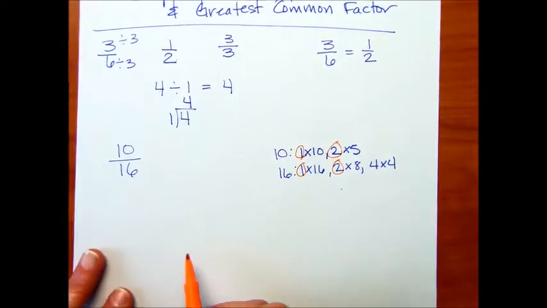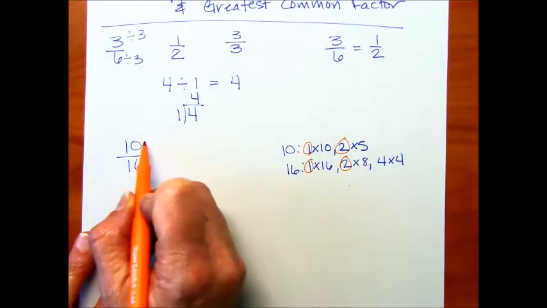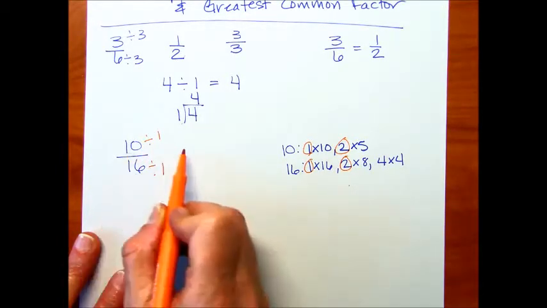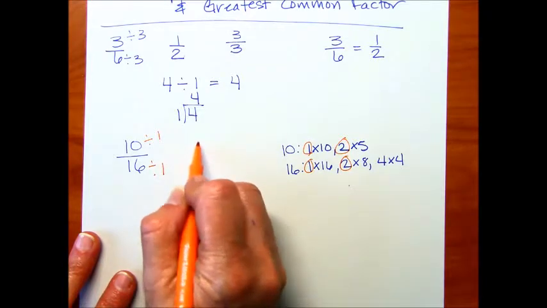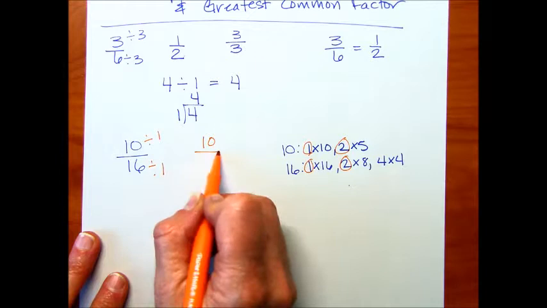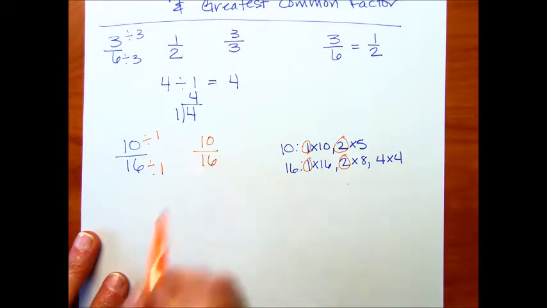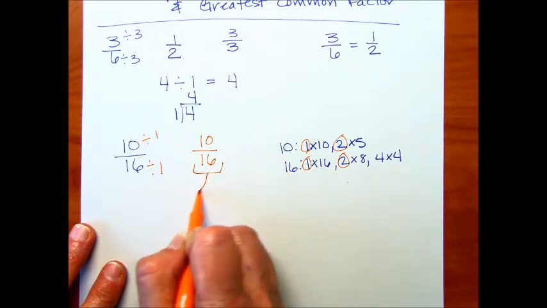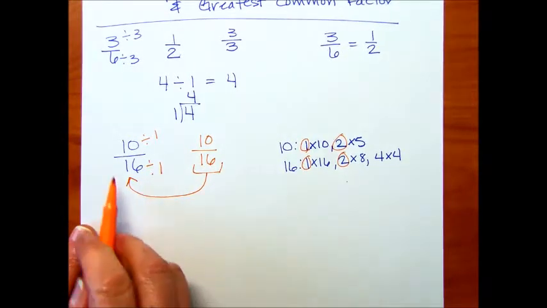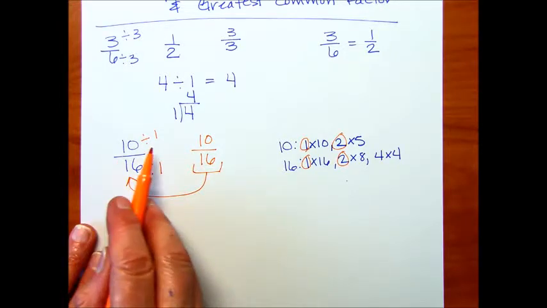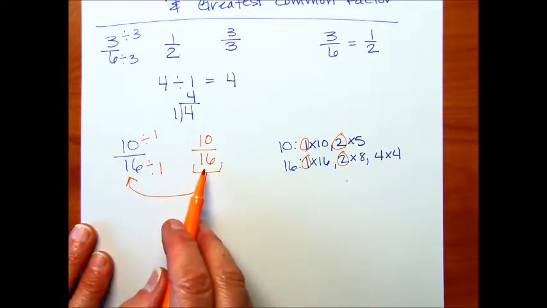Now if I were to divide 10/16 by 1, 10 divided by 1 is going to give me 10, and 16 divided by 1 will give me 16. Now notice that 10/16 is exactly the same as the fraction we started with. So dividing by 1 is not really changing anything.